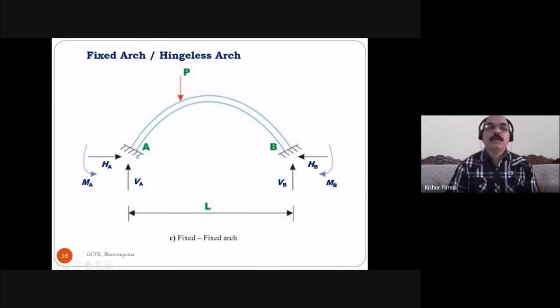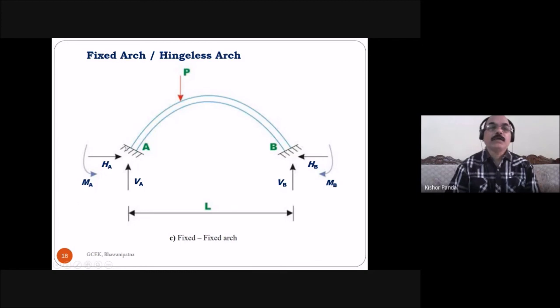There is no hinge at supports A and B. So the reactions produced at end A are the horizontal reaction at A, vertical reaction at A, and the moment at A. Similarly at B, the horizontal reaction at B, vertical reaction at B, and the moment at B. In the case of a fixed arch, at each end there are 3 reaction components.